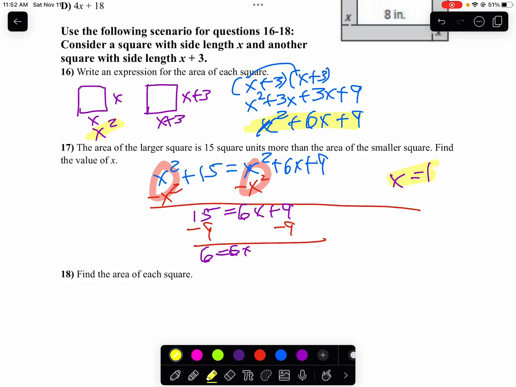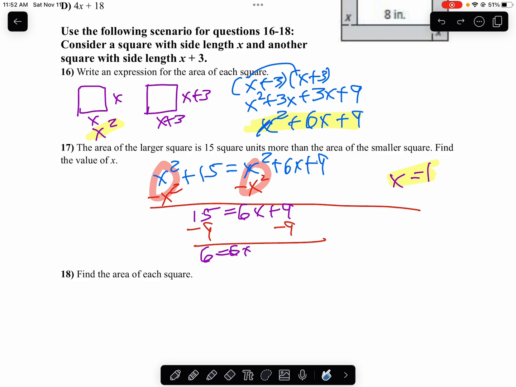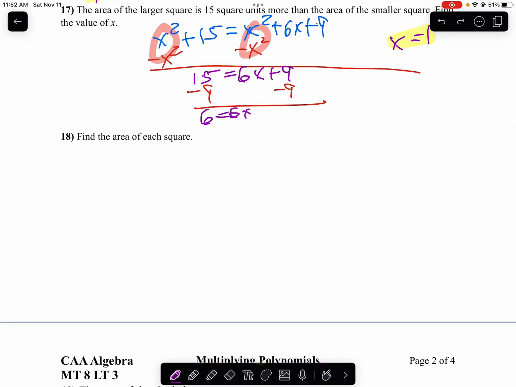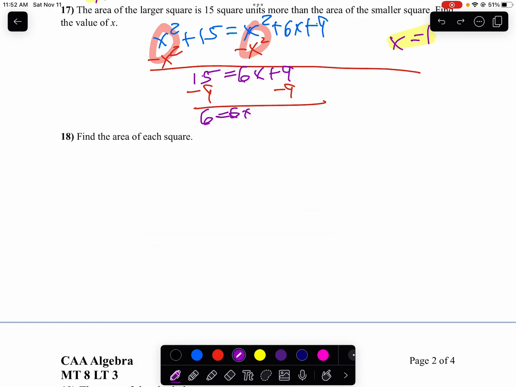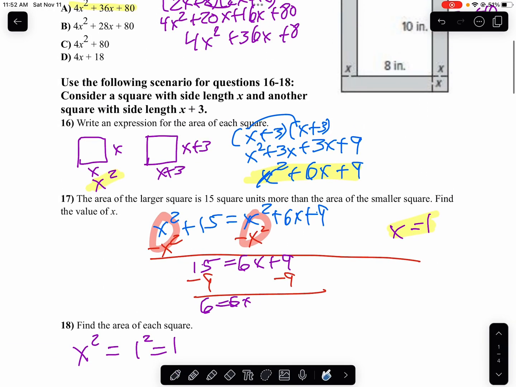Now to find the area of each square, well, if we're doing the small square, that's x. Whoops, I always forget to do that. Pull that up too. So the area of the small square is x squared. So x squared would be 1 squared then, wouldn't it? Which is 1. So the area of the small square is 1. Let me see.